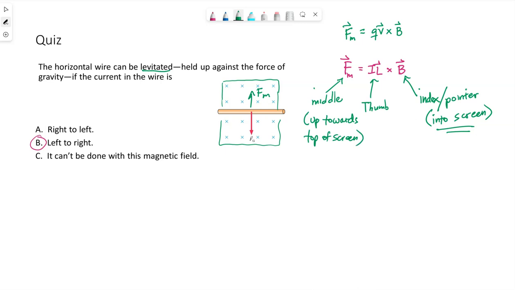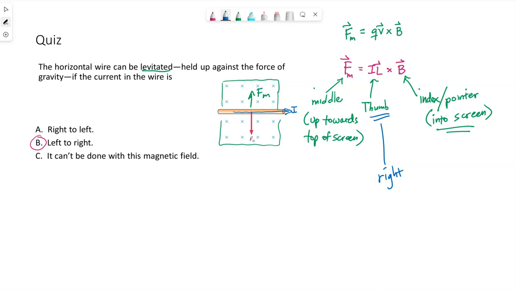That leaves me with my thumb pointing to the right. That means the current, I, must point to the right to get the force to point upwards. So that's why the current needs to flow left to right.